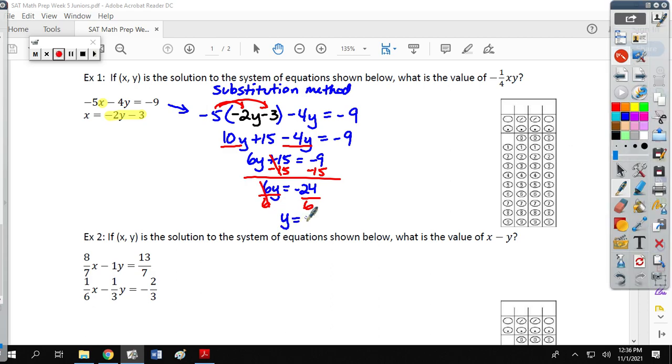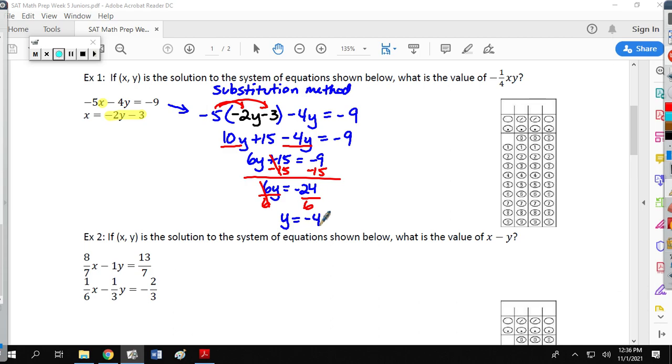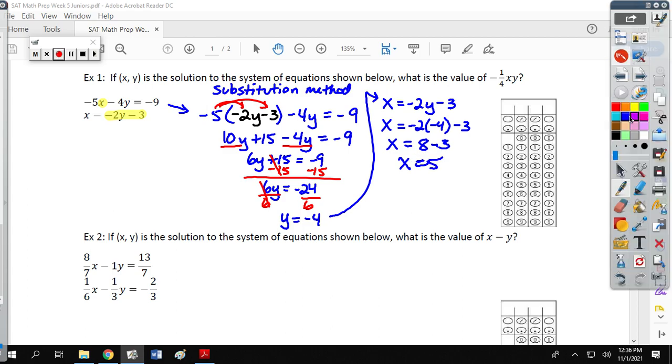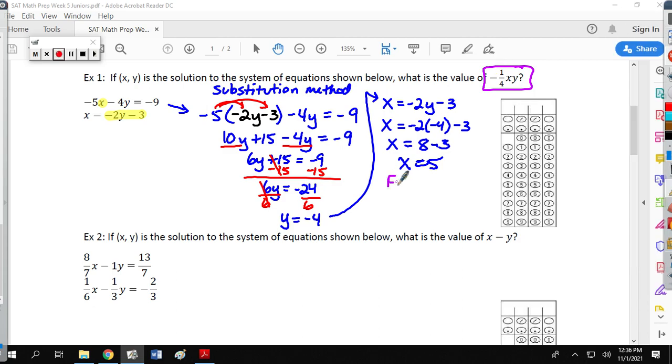Now that we have y equals negative 4, we turn around and solve for x, which is negative 2y minus 3. We plug the negative 4 in for y, which gives us 8 minus 3, so x is 5. Then the final step is to find the value of negative 1/4 xy.